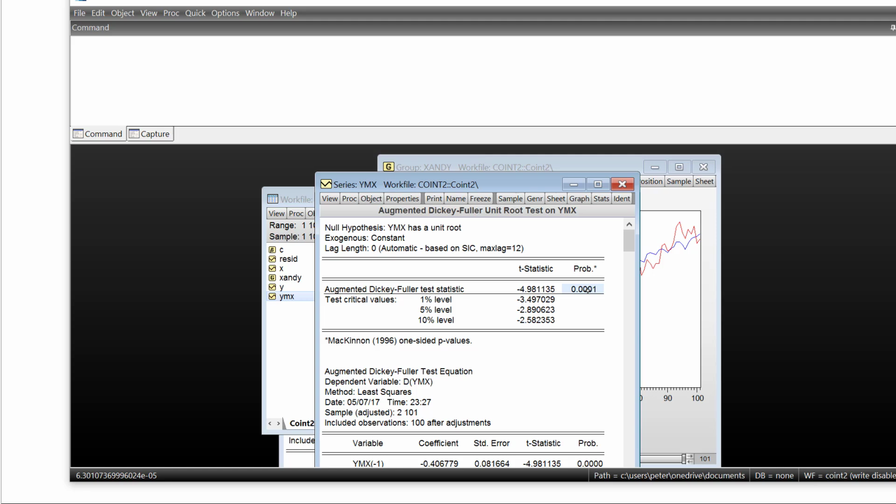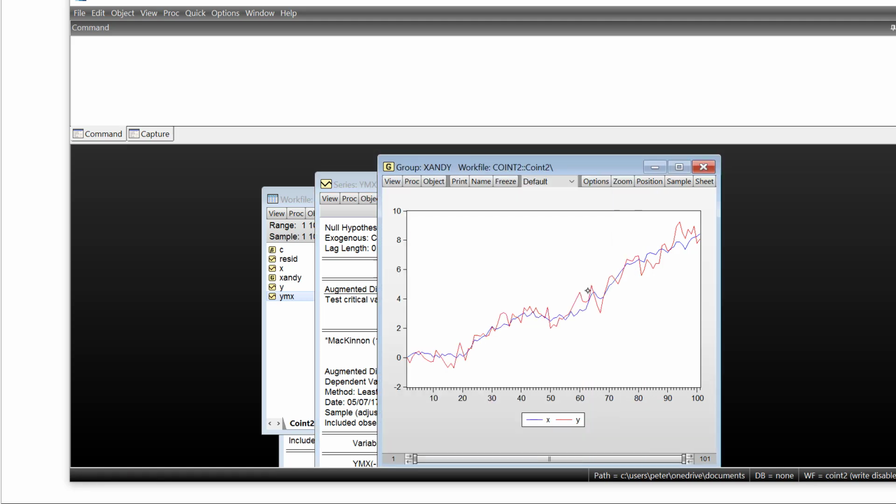So the difference between y and x is actually stationary. Let me quickly review this again. x and y separately are non-stationary. There is a tendency for both of them to increase over time. However, the difference between them is stationary.